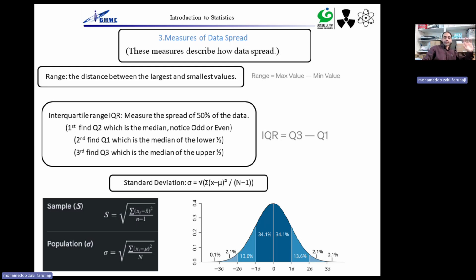Now the amazing one is called standard deviation. What does standard deviation do? It tells me the probability of how the data are spreading in my curve. I have a certain area, and my data will always be distributed inside this area.